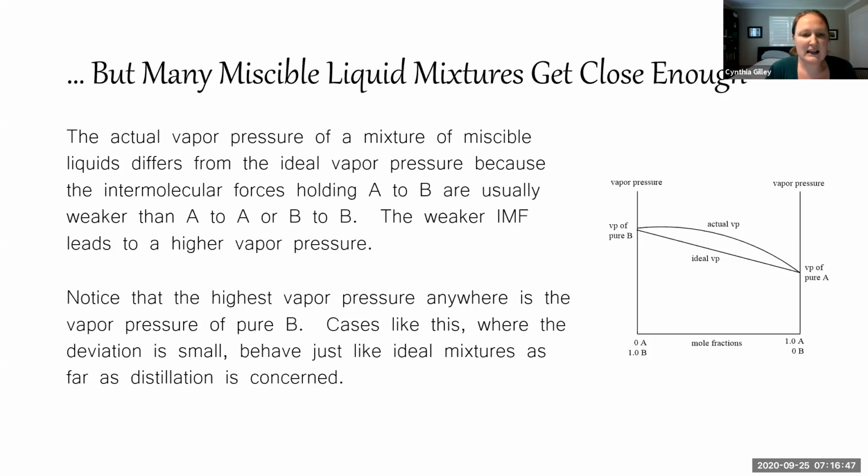So it's more likely that the intermolecular interactions between A and B are going to be weaker than between A and A or B to B, right?